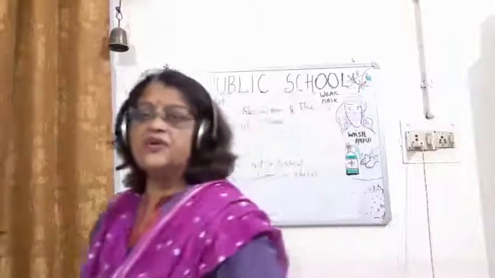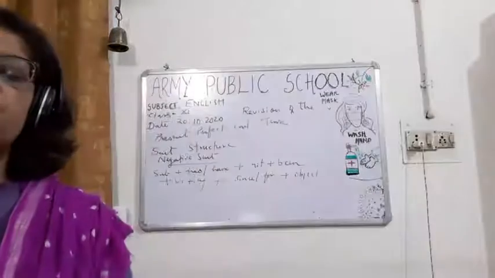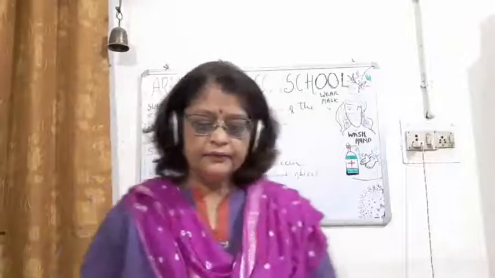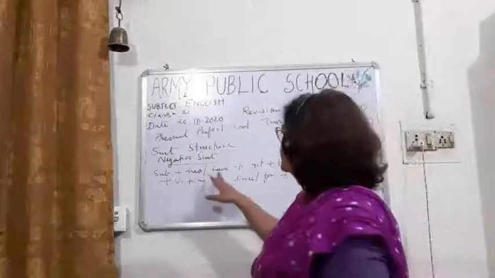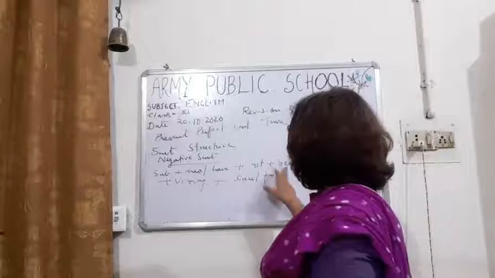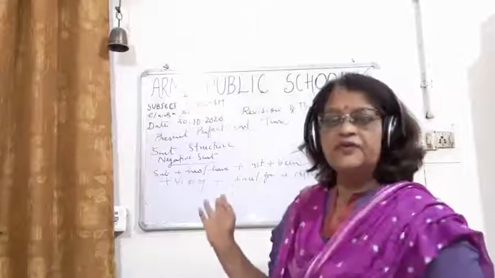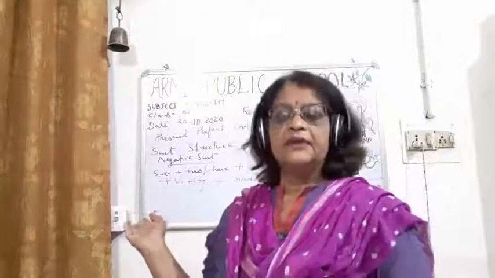This is the formula which I have written on the board for the negative sentence: subject plus have or has plus not plus been plus V1 plus ing plus since or for and then the object.